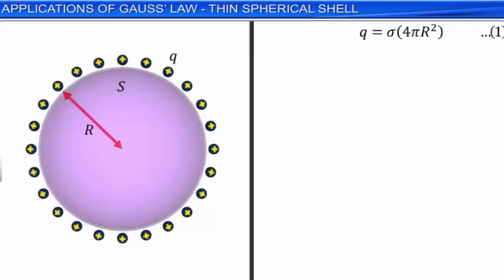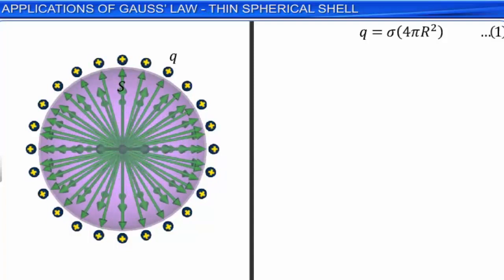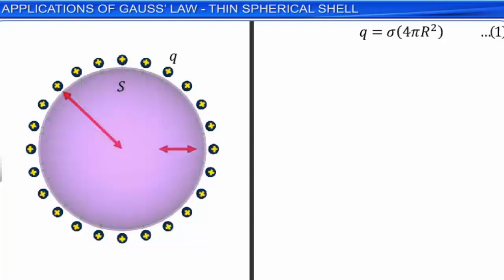The electric field due to the uniformly charged thin spherical shell has a spherical symmetry, that is, every point on the surface of the shell is at the same radial distance from the center of the shell. The electric field strength at any point is equal in magnitude and is directed radially outward, that is, along the radius vector joining the point to the center of the spherical shell. Now let us apply Gauss law to derive an expression for the electric field strength at a point P1 outside the spherical shell and at a distance x from the shell.